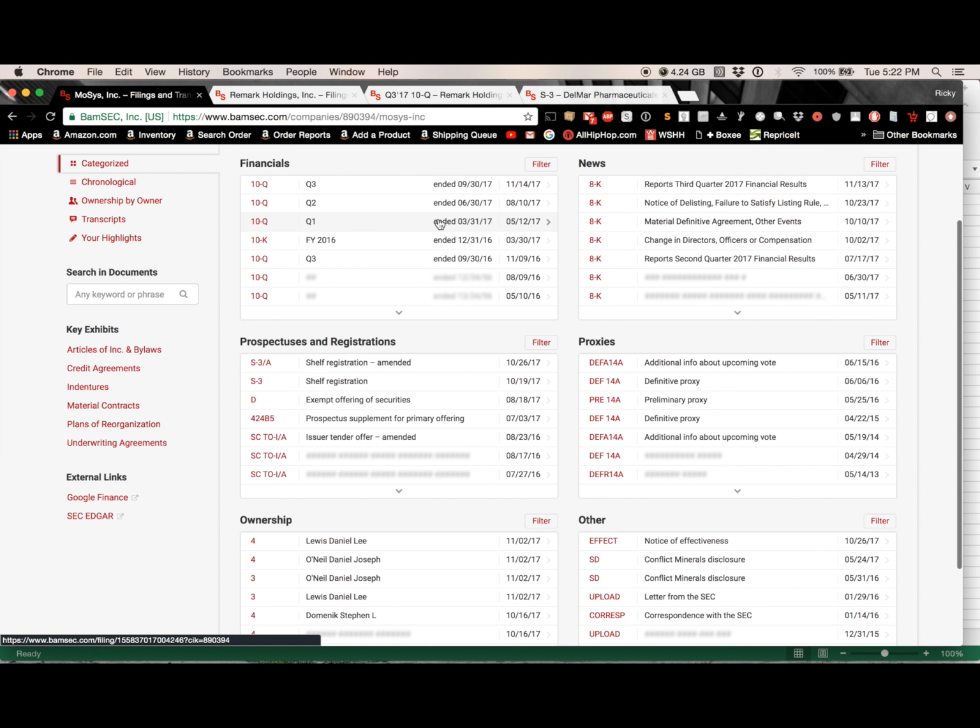And you'll basically want to look first to see if they have any recent S-3s. This one does, as recent as last month, and they actually amended it even more recently.